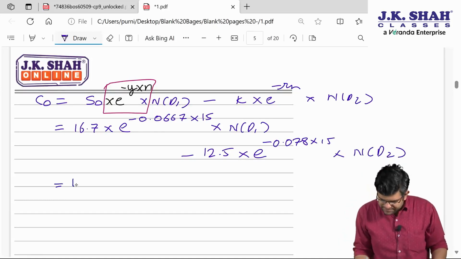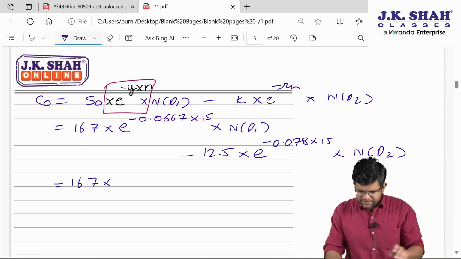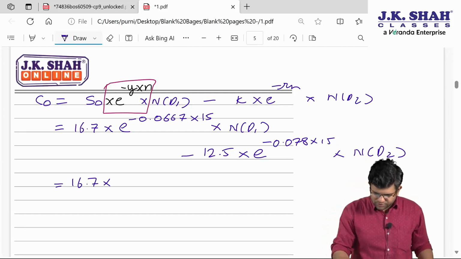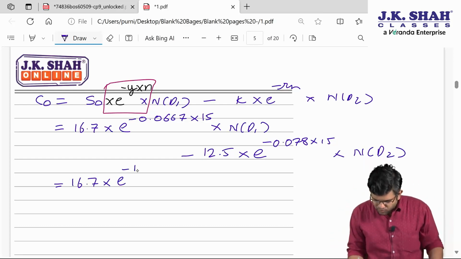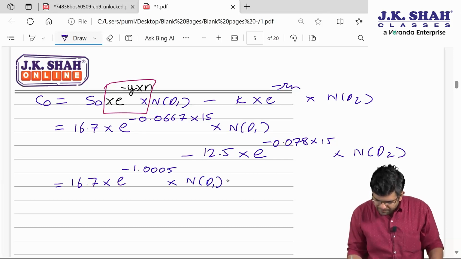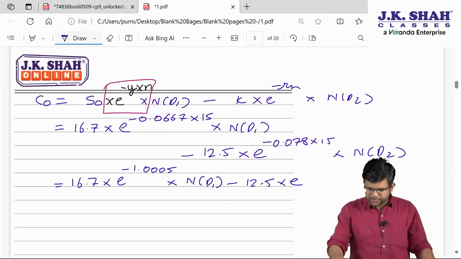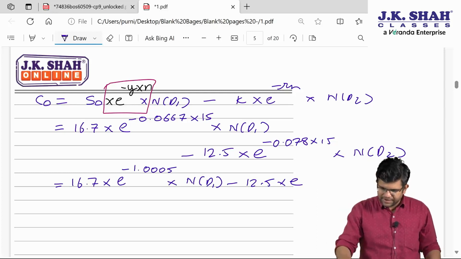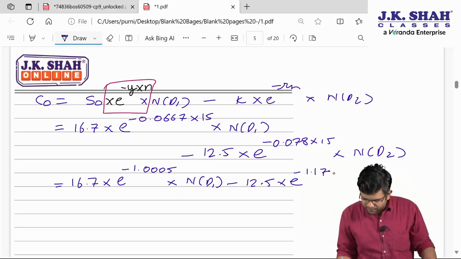Okay. So now this is 16.7 into, if I take the calculator, 0.0667 into 15, and that comes to 1.005. So e raised to minus 1.005 into ND1 minus 12.5 into e raised to, now this will be 0.078 into 15, and that comes to 1.17. So minus 1.17 into ND2.